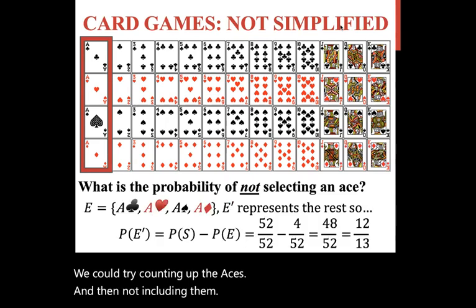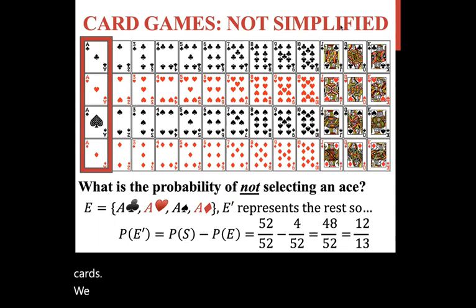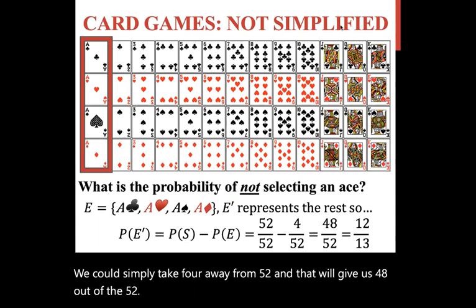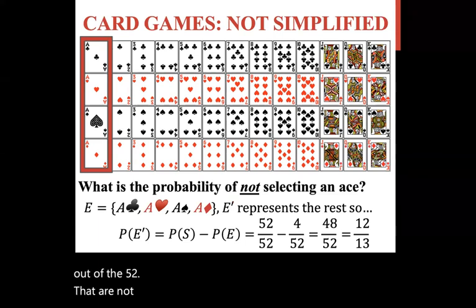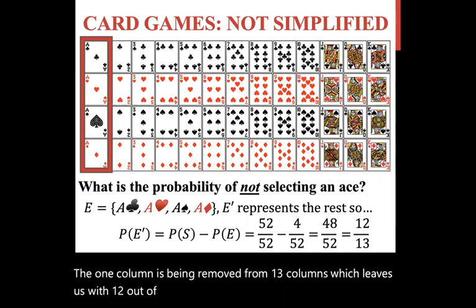In this way, it would be a lot faster. Instead of trying to count 48 cards, we could simply take 4 away from 52, and that will give us 48 out of the 52 that are not aces. We also know by the columns that 1 column is being removed from 13 columns, which leaves us with 12 out of 13 columns.